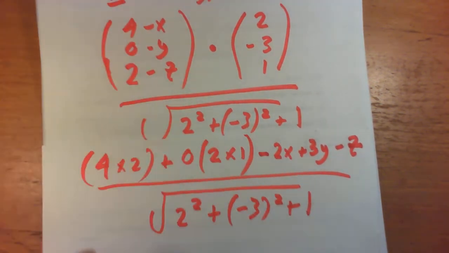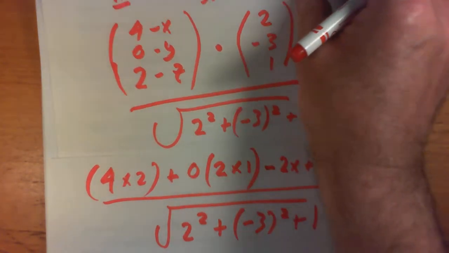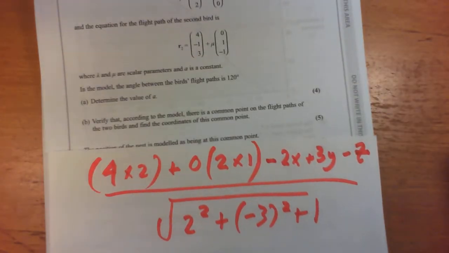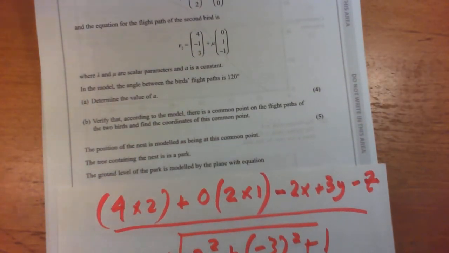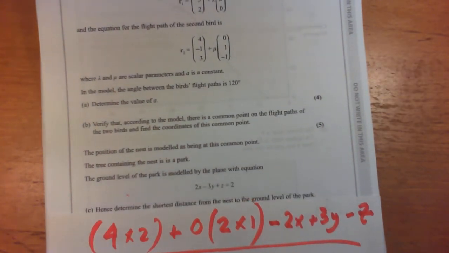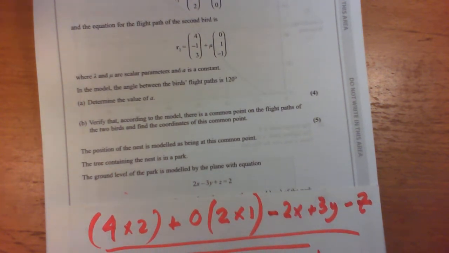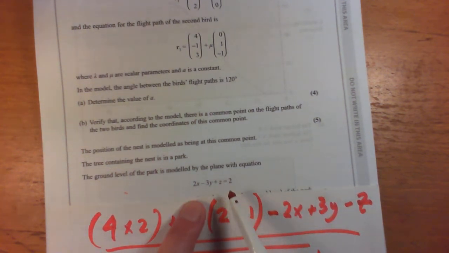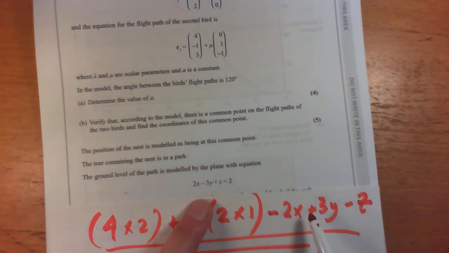What I need to realise now is that this end bit here is the negative of this plane here, so I can replace that by minus 2.